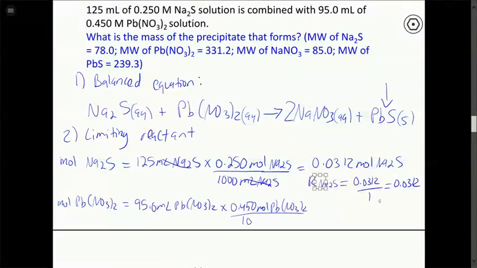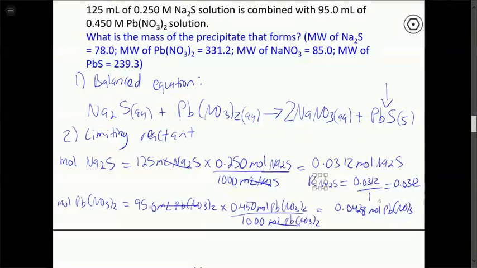And that's per 1,000 milliliters or 1 liter. And so we get 0.0428 moles of Pb(NO3)2.